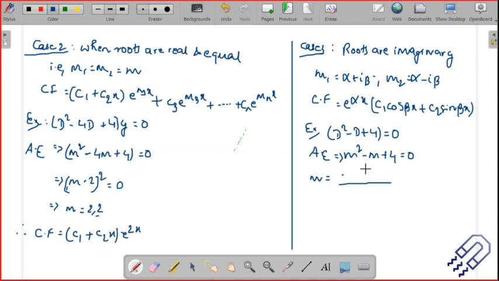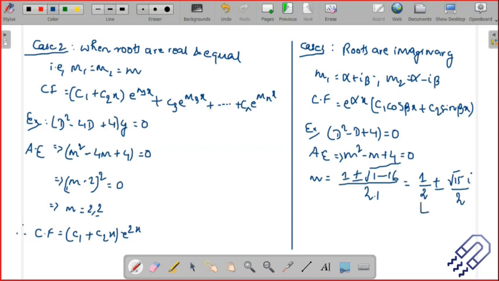Minus b, b is minus 1, so it will be plus 1, plus minus root over b square which is 1, minus 4ac, 4 into 1 into 4 is 16, divided by 2a, so 2 into 1. So this would be half plus minus root minus 15, so I can write it as root 15 into i divided by 2.